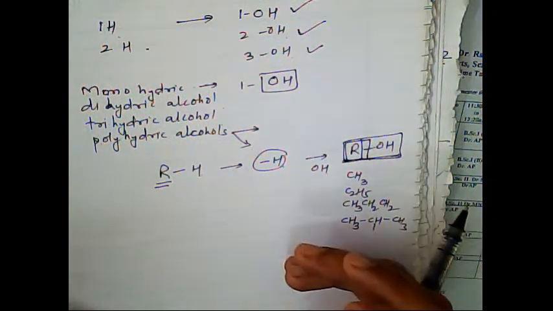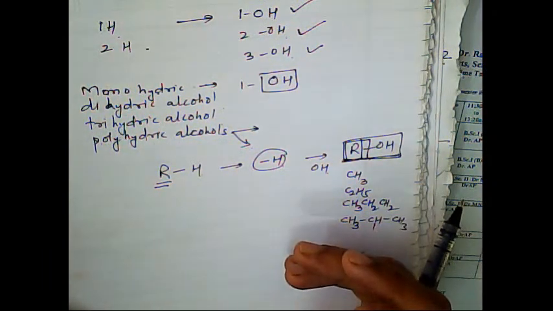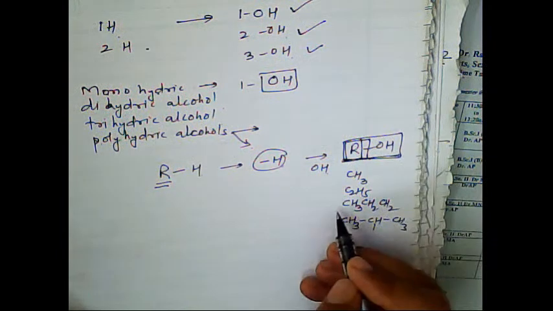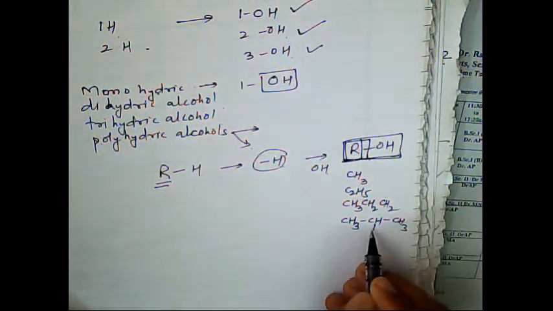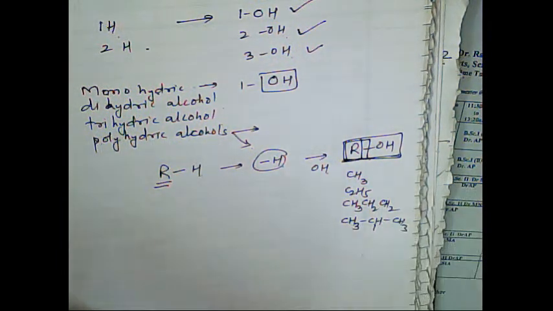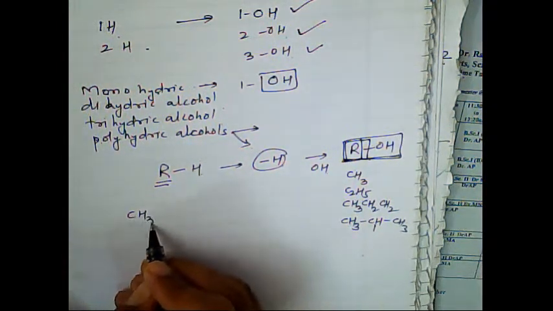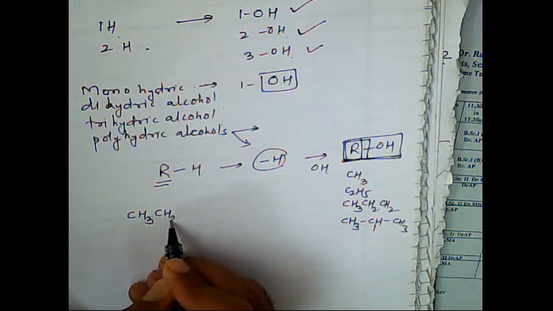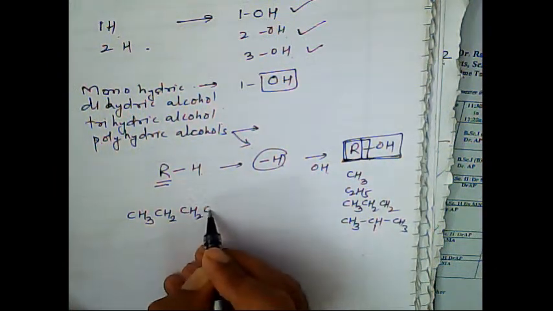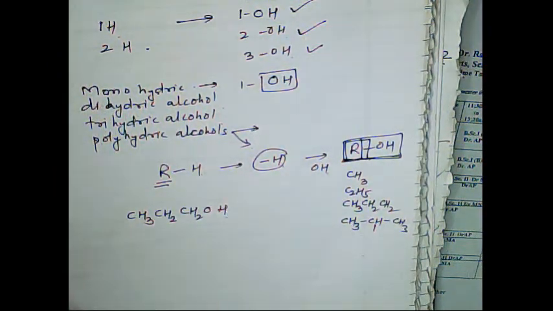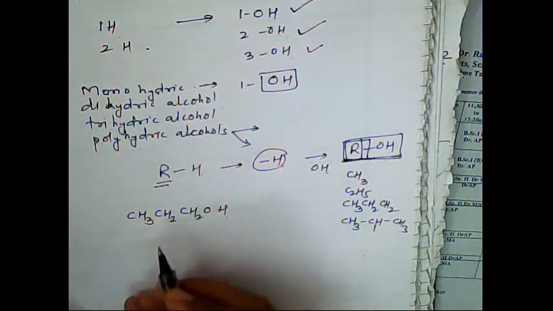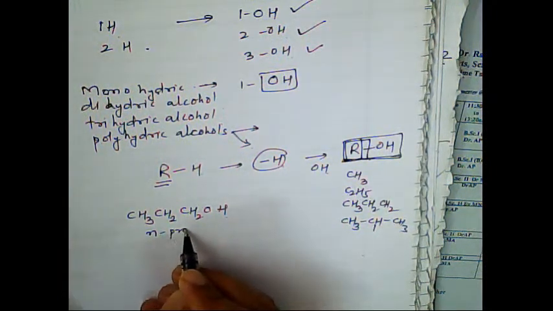Now, as I have just written, it is either an isopropyl group or an n-propyl group, so the properties of these alcohols will be different. CH3-CH2-CH2OH is n-propyl alcohol.